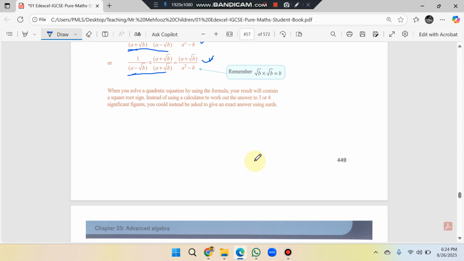So when you solve the quadratic equation, and in this quadratic equation some factorization cannot be used, and when we use the quadratic formula, we use the calculator, and you can see that your answer will be in decimal points, in some significant figures.